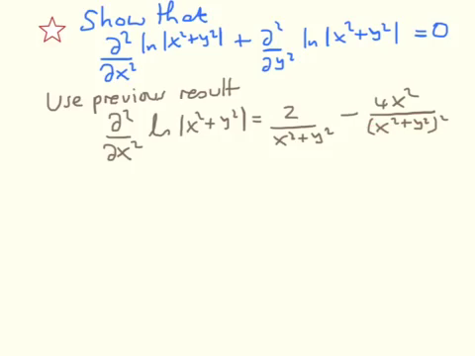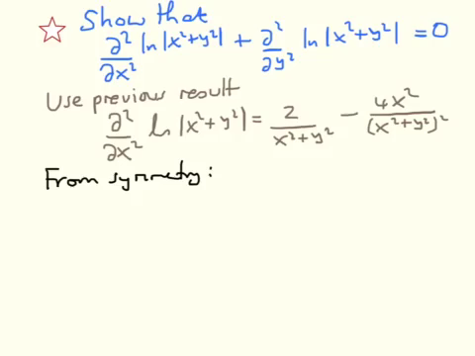Now, we could just calculate what the second derivative is with respect to y, but what I would like to claim is that it's much easier to use symmetry. So what I mean by this is the following. Our initial function, log of x squared plus y squared, is invariant under swapping x squared and y squared around.